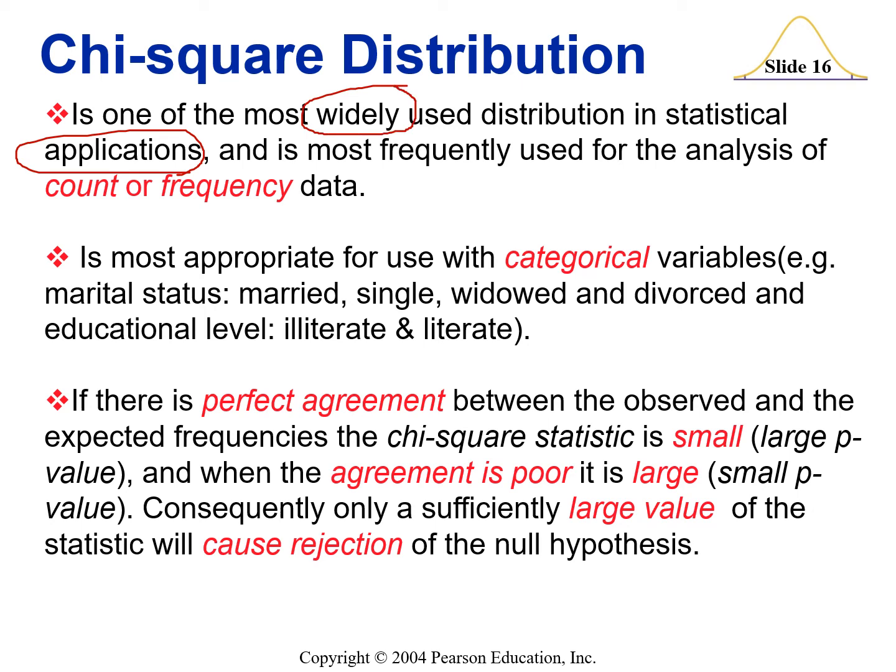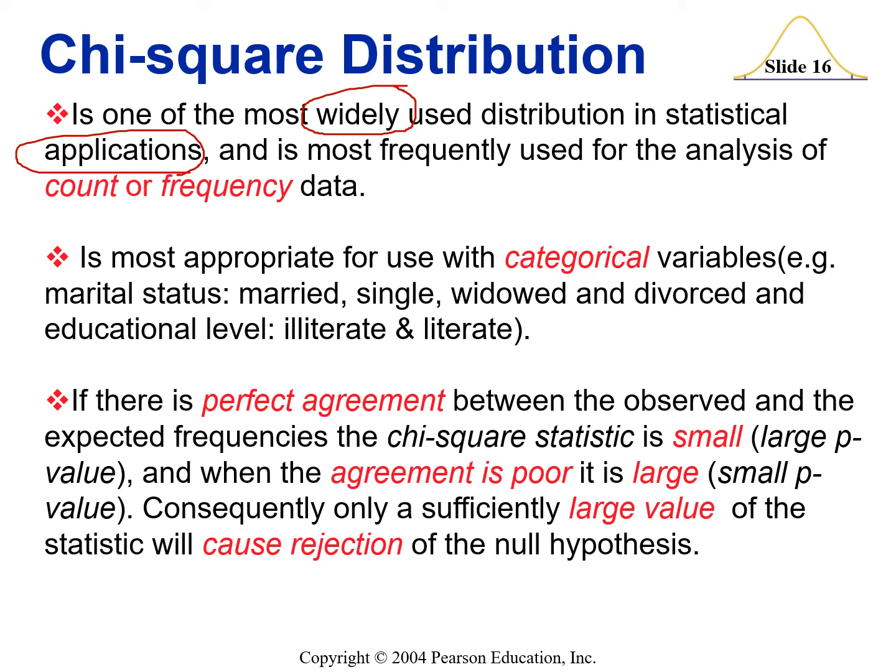Because in general, when doing statistical analysis, a substantial proportion of data are categorical. So we use this chi-square test for analyzing categorical data. It is appropriate for categorical variables, such as marital status, gender of students, educational level, and so on. All categorical variables are analyzed using this chi-square test.